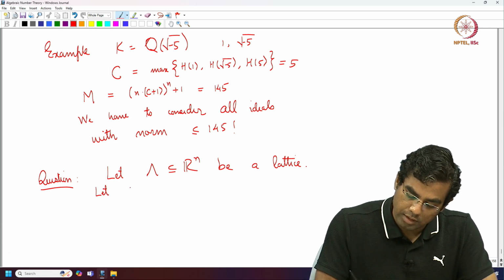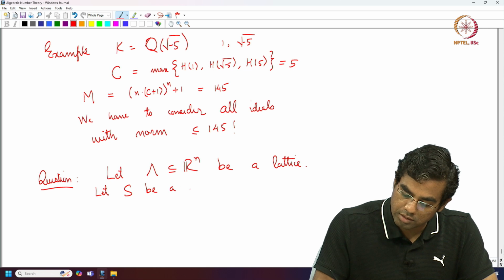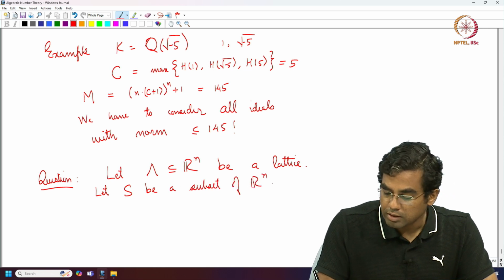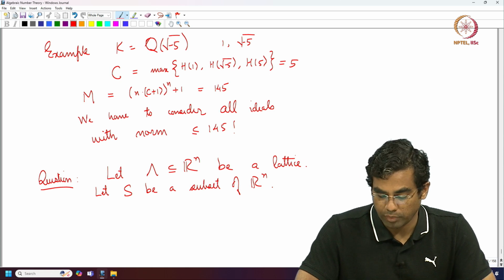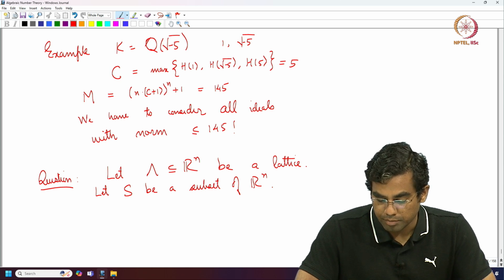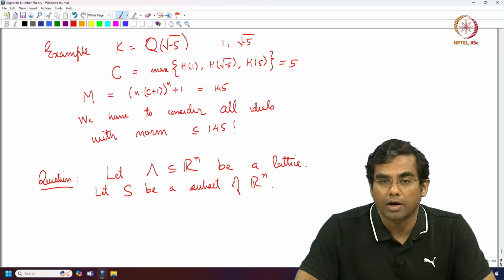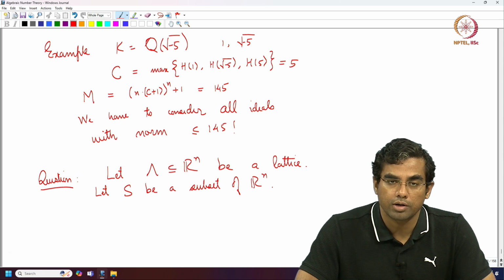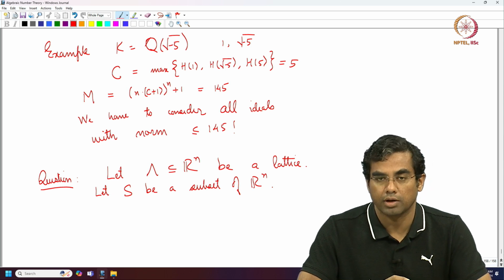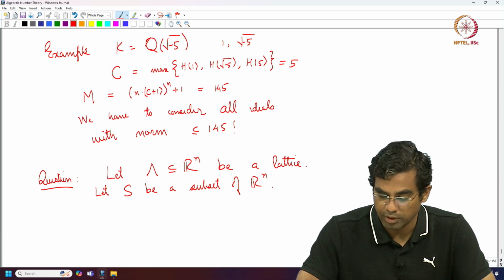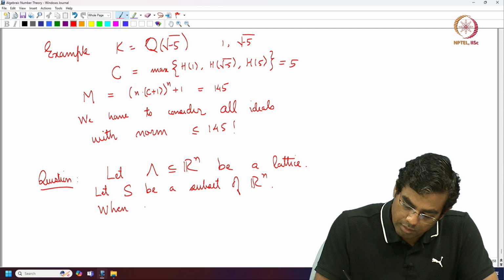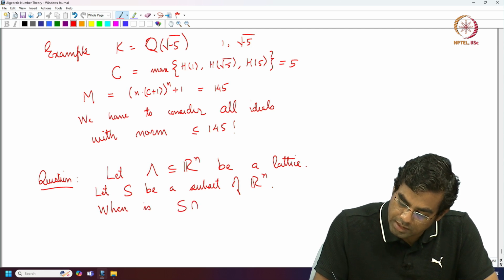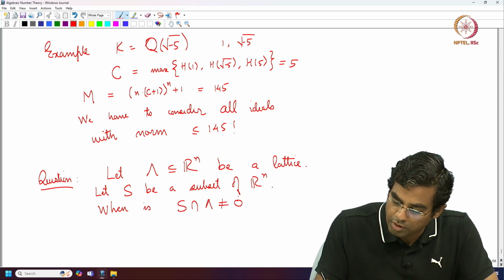So, let S be a subset of R^n, and in the proof this subset will typically appear as all elements of R^n with bounded norm. So, norm in the sense of distance from the origin, okay. And so, we want to know when is S intersected with lambda non-empty.